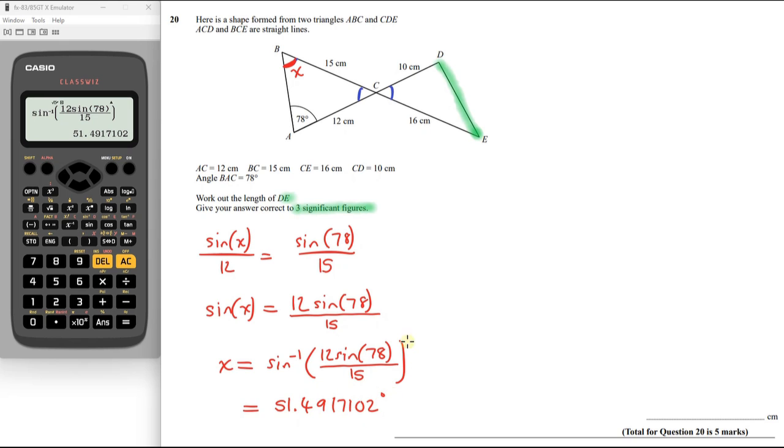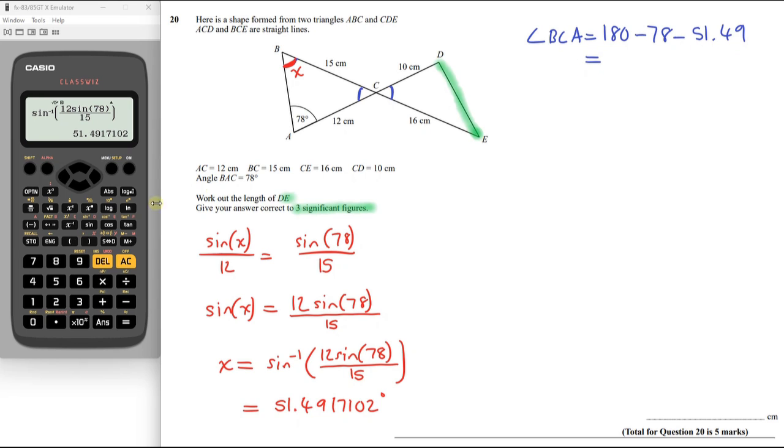17.102 degrees. So we found out what x is. Now to calculate this angle, angle BCA, it's just going to be 180 minus 78 minus 51.49. I'm not going to write the whole thing, so I'm just going to round to 2 decimal places.